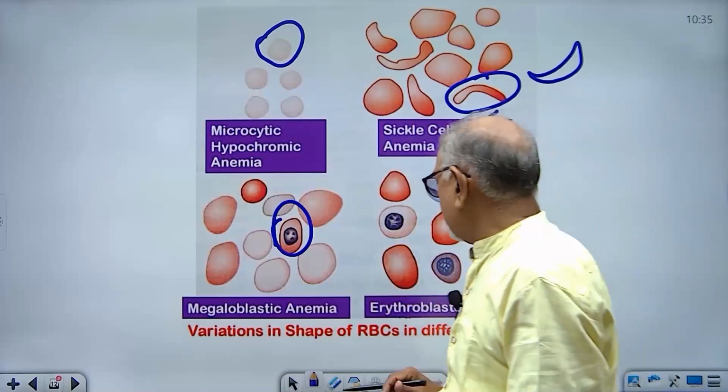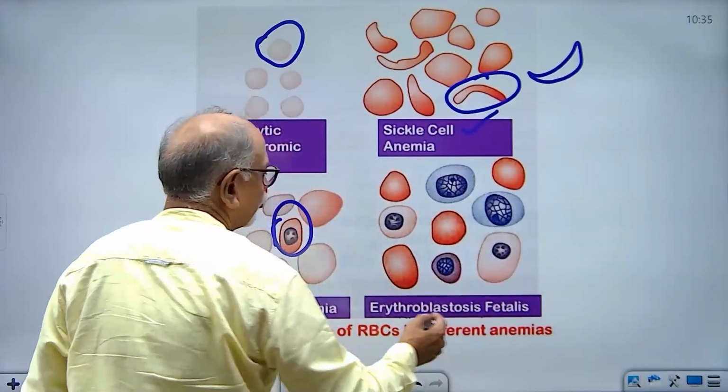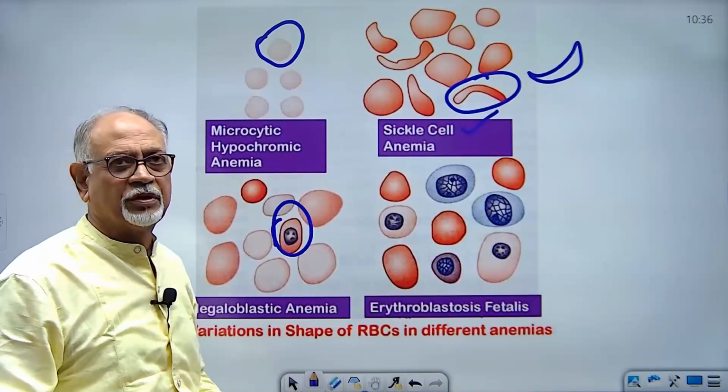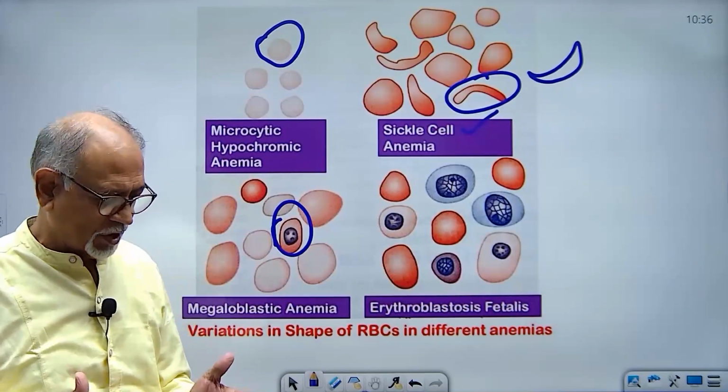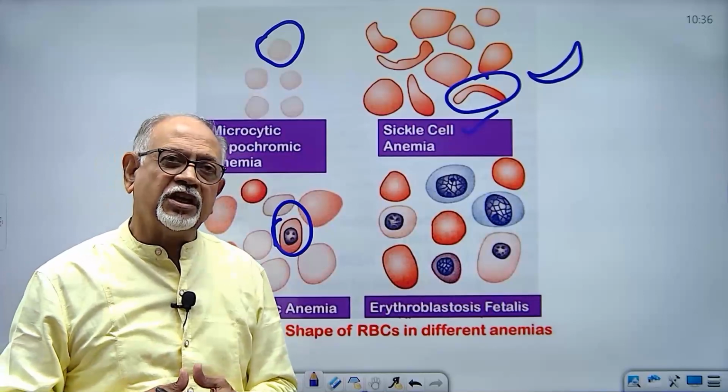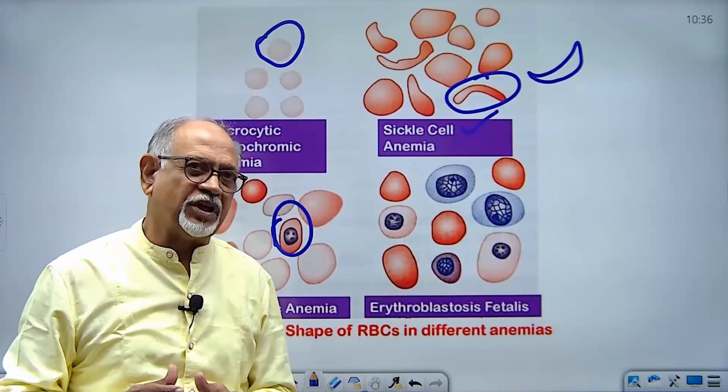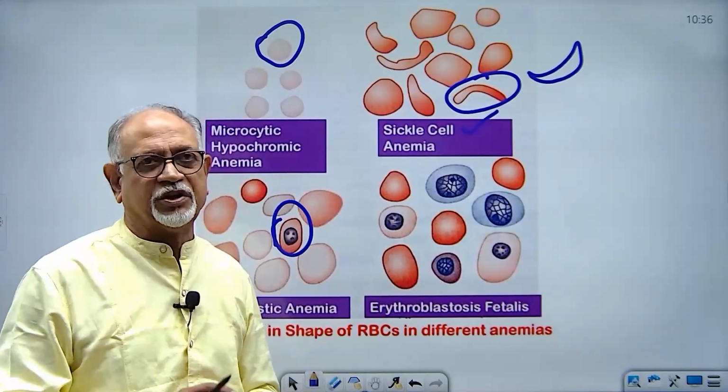And then erythroblastosis fetalis. Now this happens when there is an Rh incompatibility between mother and the fetus.